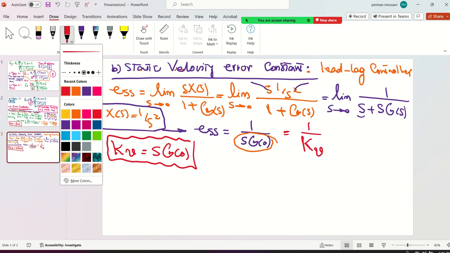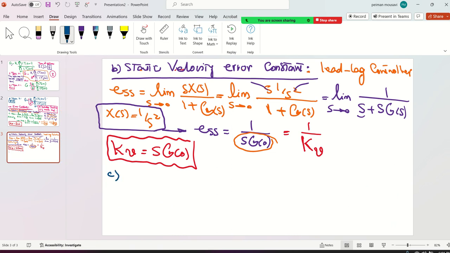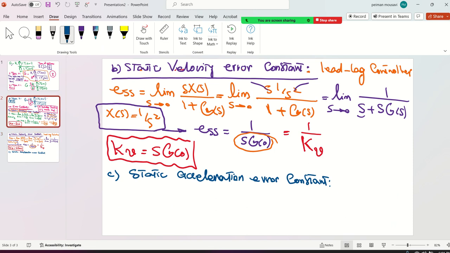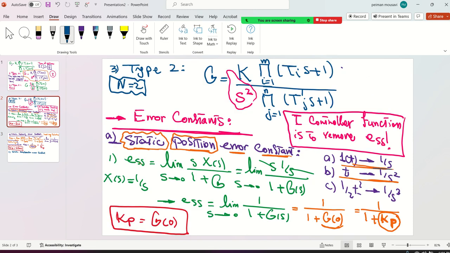Now C: static acceleration error constant. In the previous cases, we used the unit step as input, then the ramp as input. Now I'm using parabolic as input.